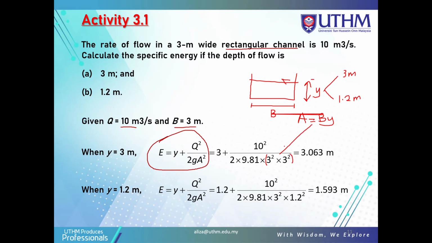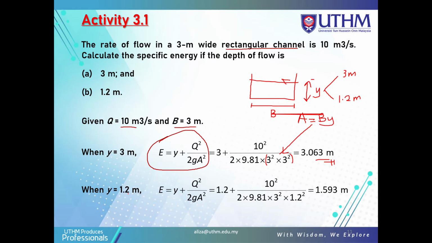So b is 3 and y is also 3 here, and you get the value of 3.063 meter when y is 3 meter.